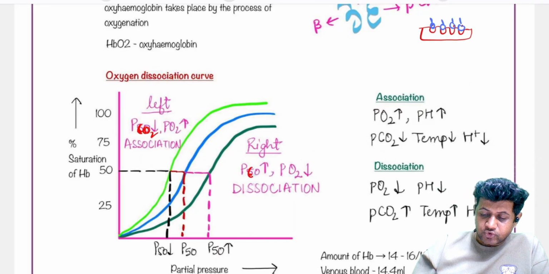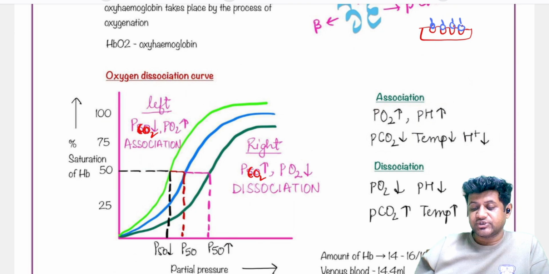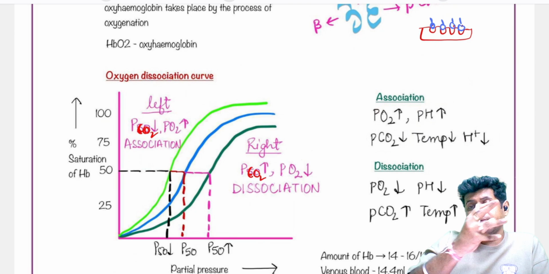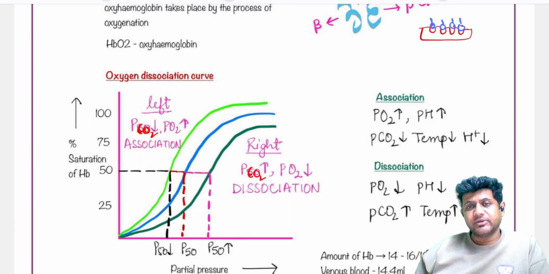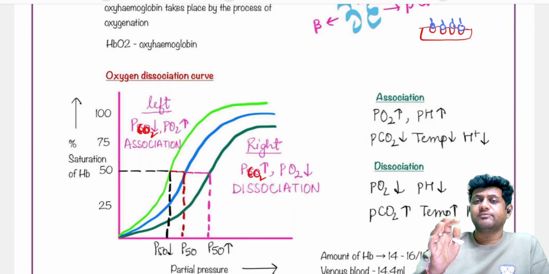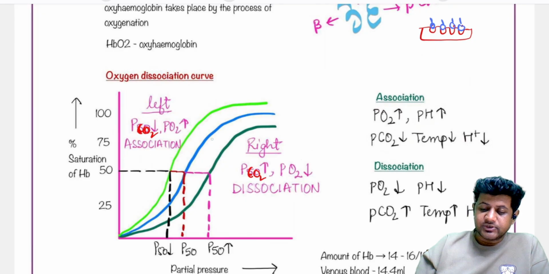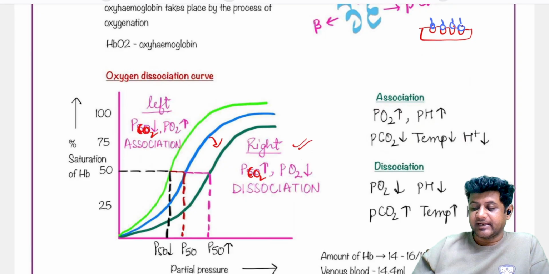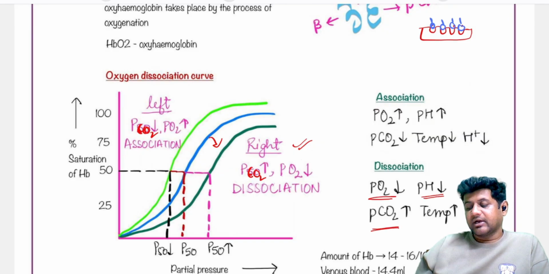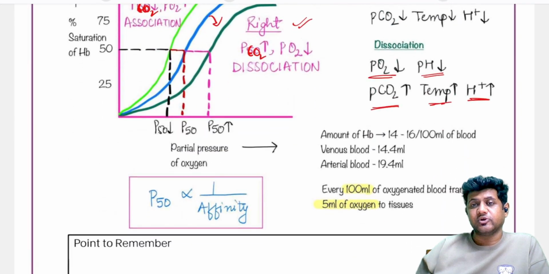And when CO2 pressure is high and oxygen pressure is low, oxygen will automatically get dissociated from the hemoglobin and carbon dioxide will go and get bound to it. So here the graph will shift towards right, wherein oxygen is low, pH is acidic, carbon dioxide is high, temperature is high, as well as hydrogen ion is also high. All right. I hope the concept is clear so far.